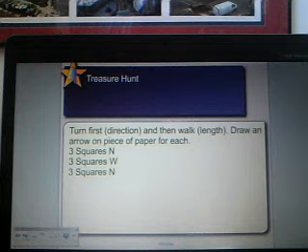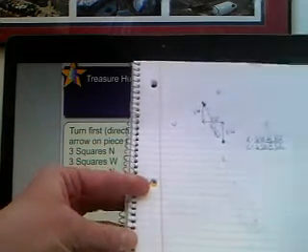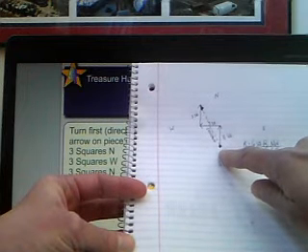While that was going on, the person with the paper should have had a dot on the paper and should have drawn an arrow that represented 3 squares in the north direction on their paper. And then the person walking started where they left off, so you're going to start your arrows where you left off. This is what the arrows are going to look like. Here is your starting point.